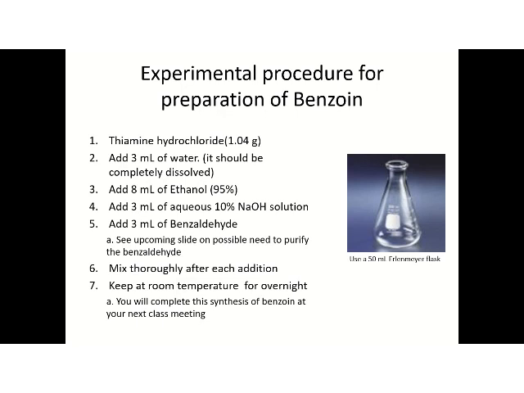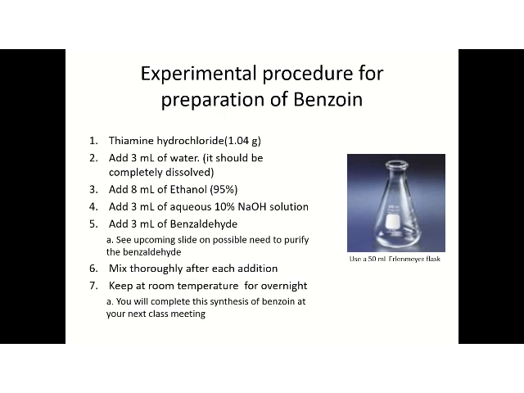Then we need to add 8 milliliters of ethanol, 95% minimal. Add 3 milliliters of aqueous 10% sodium hydroxide solution. Then we need to add 3 milliliters of benzaldehyde. And in an upcoming slide, we are going to see how we can purify the benzaldehyde if needed.